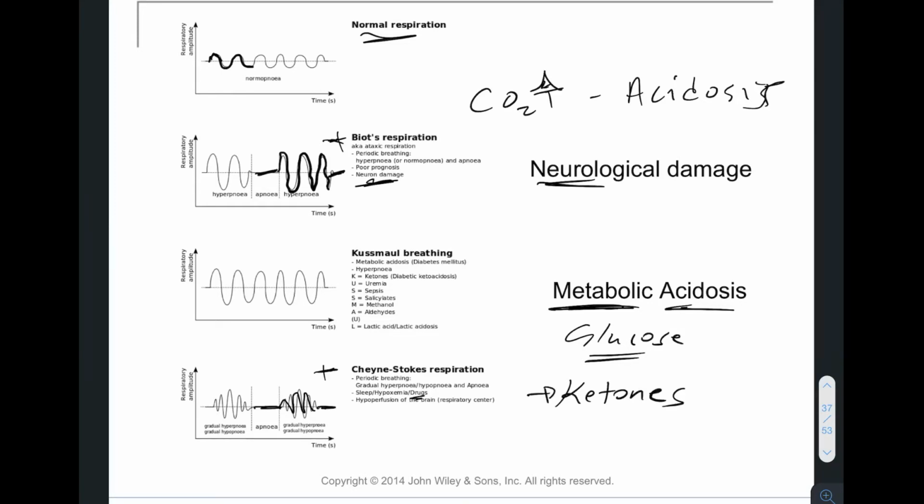Now, ketones are acidic, and so you get this acidosis from the metabolite of the ketone, and because of that, the lungs try to fix that acidosis by blowing off CO2, by getting rid of CO2. And so what you see is this hyperventilation that just keeps going until that acidosis is fixed.